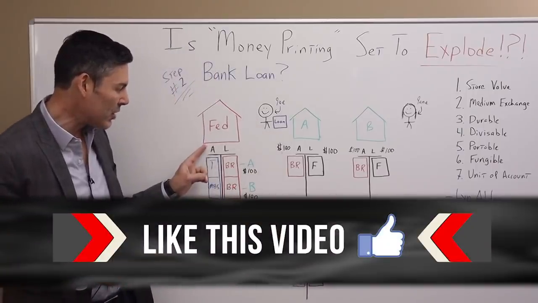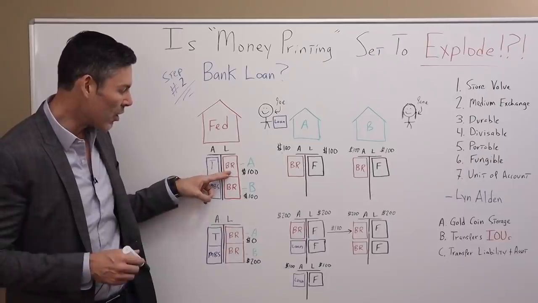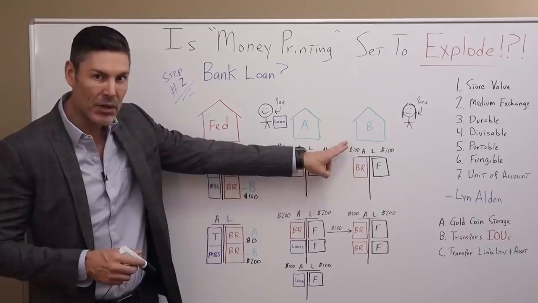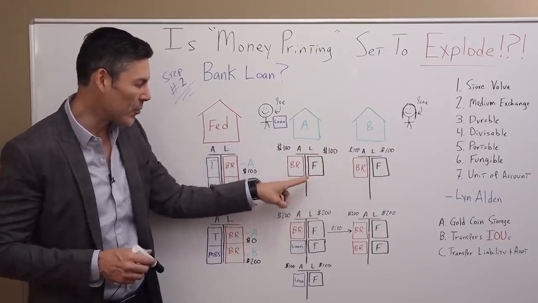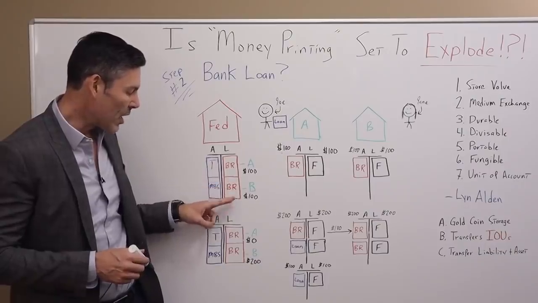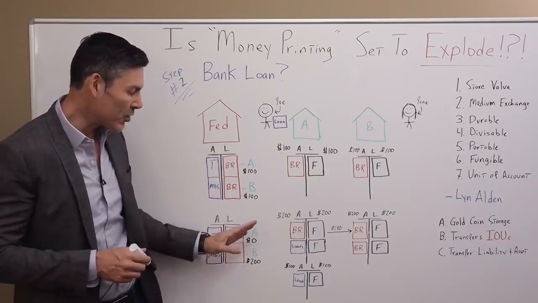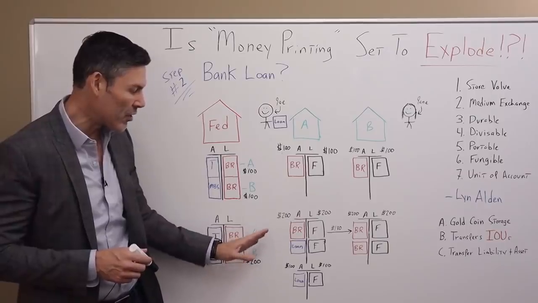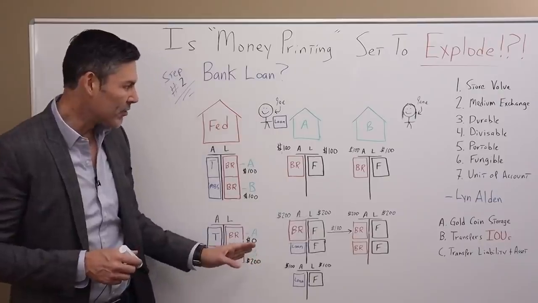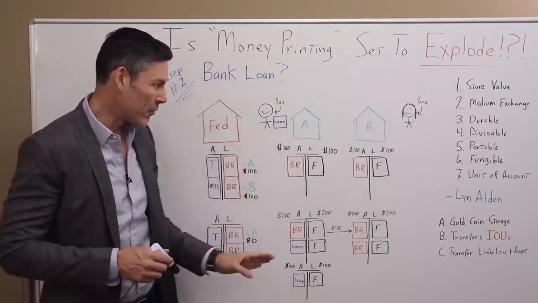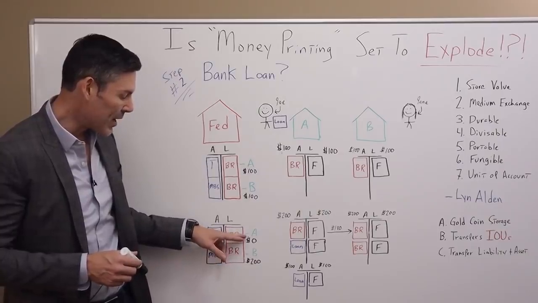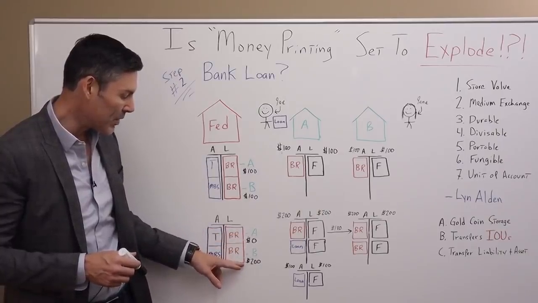On the Fed's balance sheet, it starts with $100 of bank reserves for Bank A and $100 for Bank B. Those are on the asset side of the commercial bank's balance sheet, liability on the Fed's balance sheet. After the transaction is done, after the loan is created, and then the $100 goes over to Bank B from Bank A for Joe to pay for the car from Jane, the bank reserves get transferred out of Bank A's account to Bank B's account.